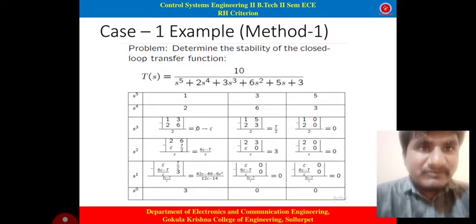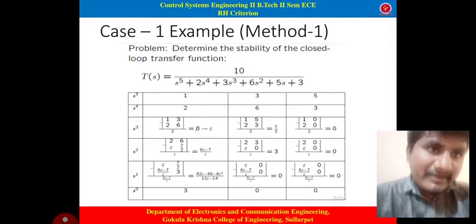The s power 5 row we write directly from the characteristic equation: 1, which is the coefficient of s power 5, then 3, the coefficient of s power 3, then 5, the coefficient of s. We write them alternately. Similarly, the s power 4 row is 2, 6, 3, which are the coefficients of s power 4, s power 2 and s power 0.